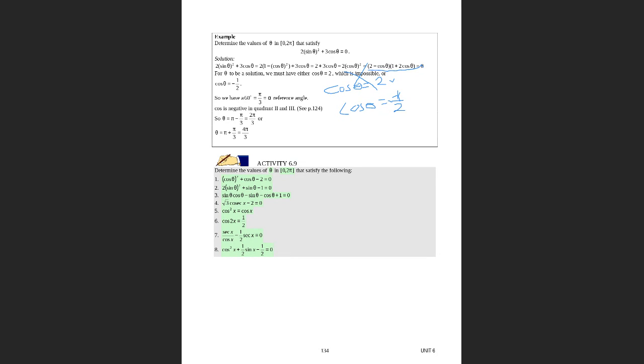So we still use our CAST. Cos is negative. Cos negative half, and that means that our theta reference angle is going to be pi over 3. So our answer is negative, it's not going to be in the first quadrant.